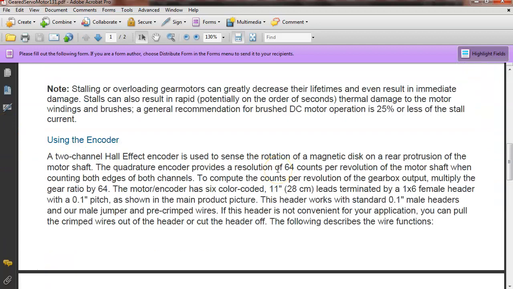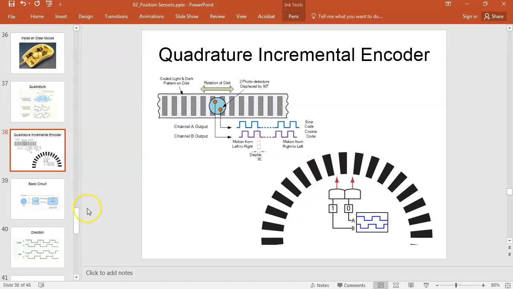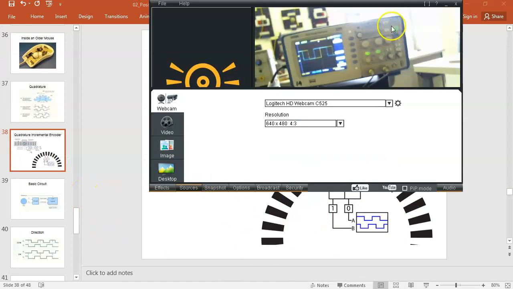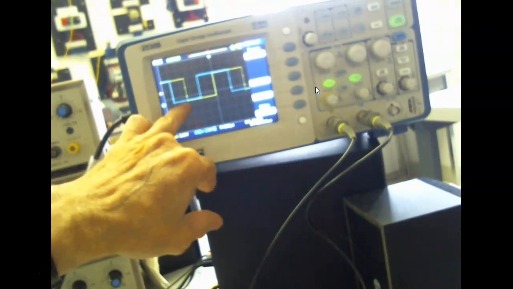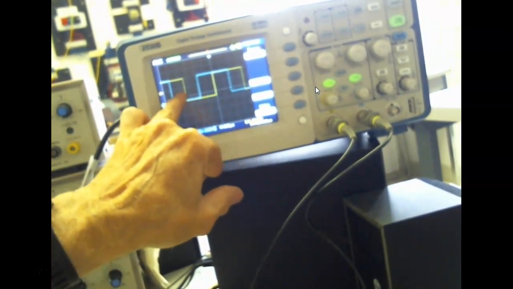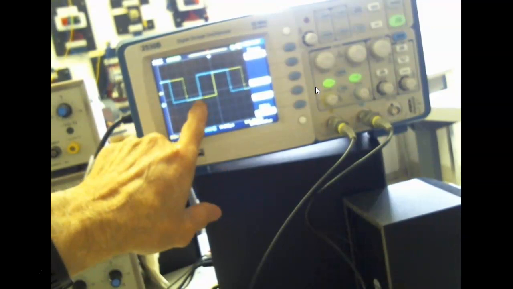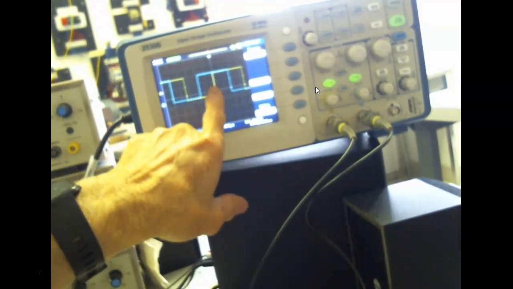Let me switch back over to my camera and show y'all the direction. Let's see if we can get it to focus a bit. This is a digital oscilloscope, and I've got the signals on top of each other. Y'all can see the different colors, right? Yellow and blue. Right now, blue is leading yellow because blue occurs first.